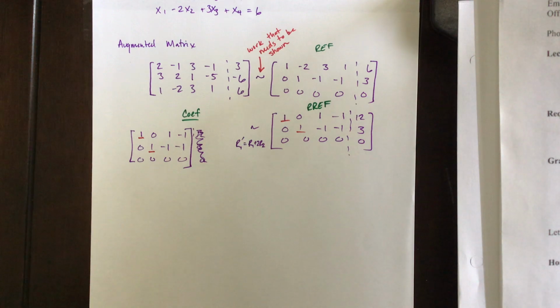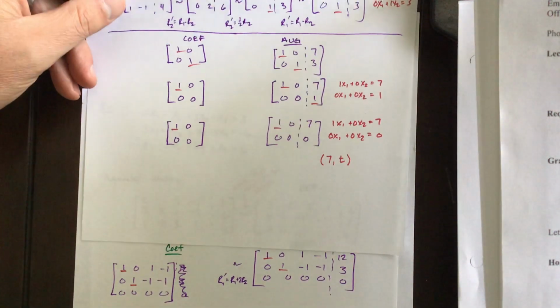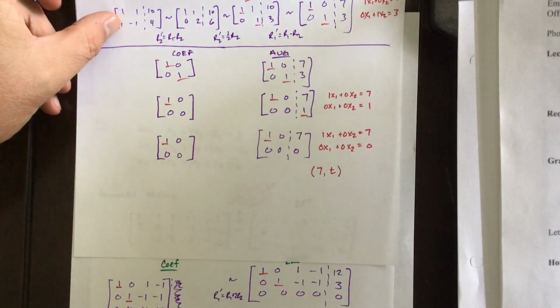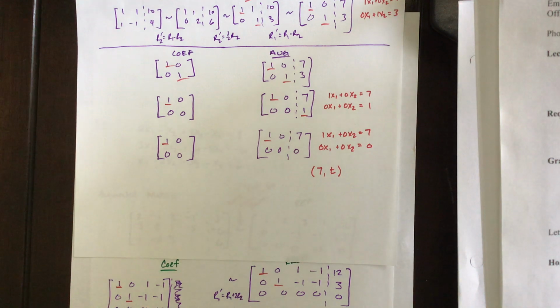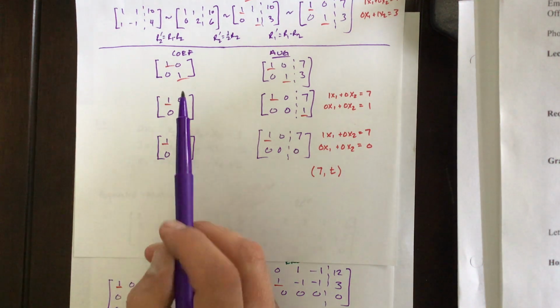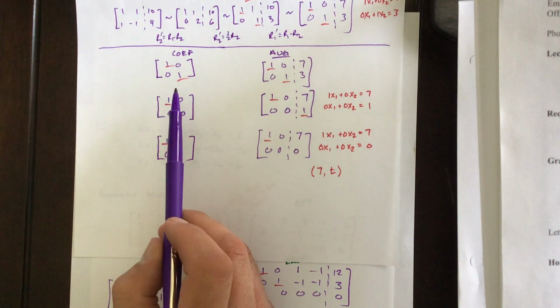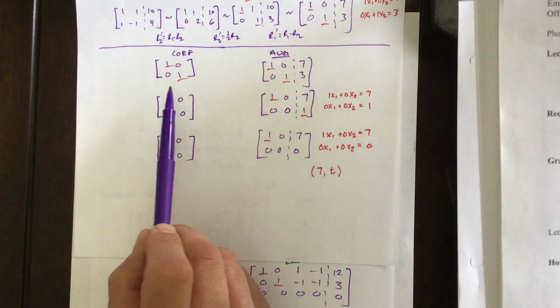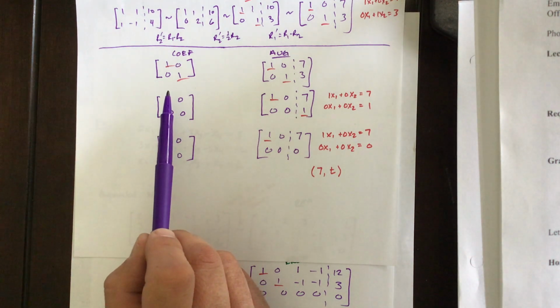Now, is there a unique solution or is there an infinite number of solutions? To answer that question, we can do a number of different things. First, compare this to the 2x2 examples. There was a unique solution when there was a pivot in every row.